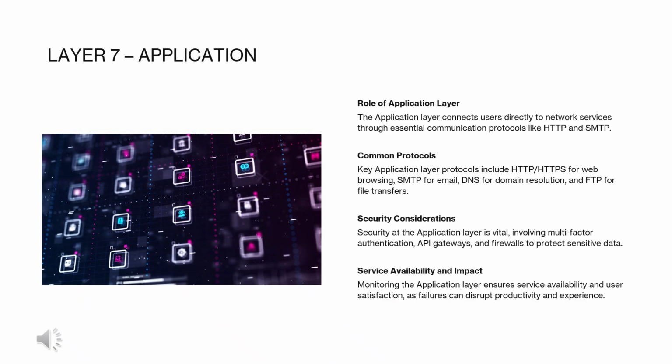The topmost upper layer of the OSI model is the application layer. This layer connects the user directly to the network services through communication protocols like HTTP and SMTP.